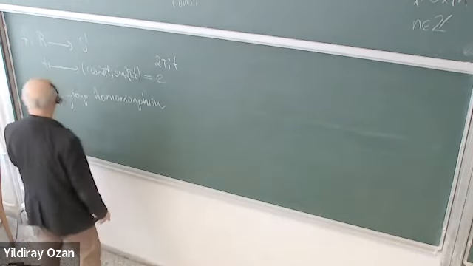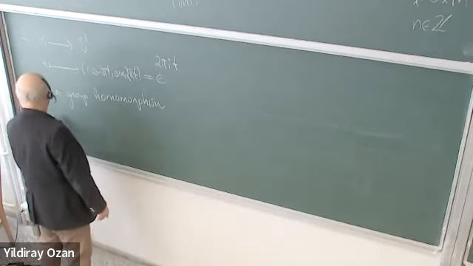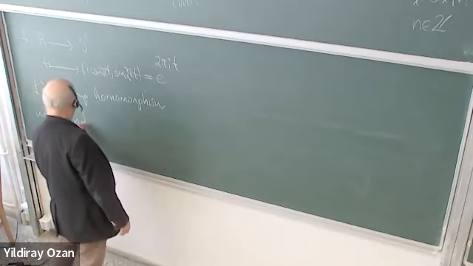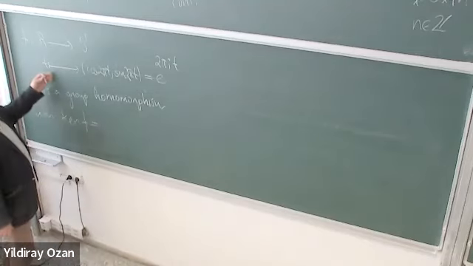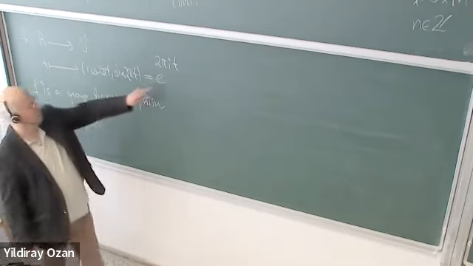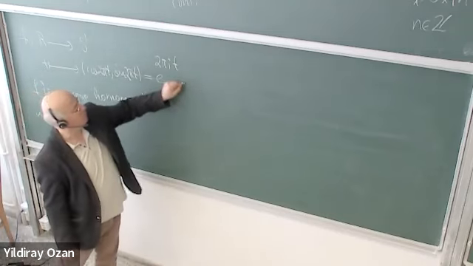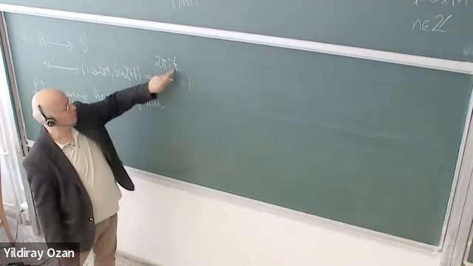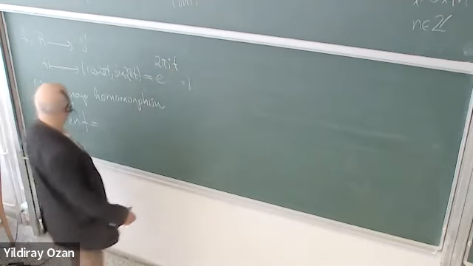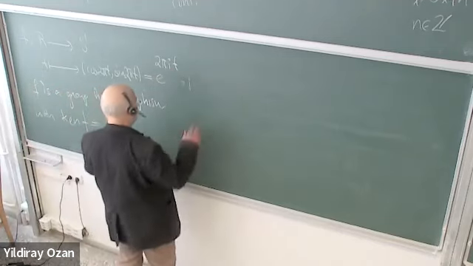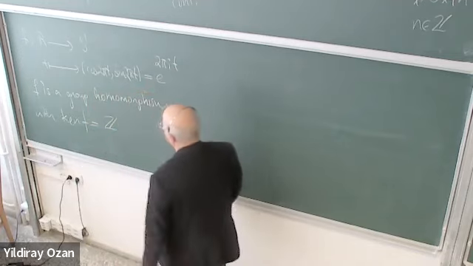Group homomorphism with, what is the kernel of F? Kernel of F is the points where this is equal to the identity element, which is 1. This is 1 only if t is an integer. So the kernel is just the set of integers.